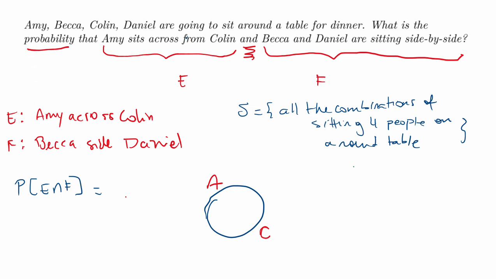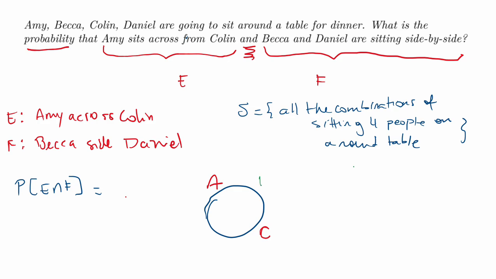Now let's talk about event F. Event F is Becca and Daniel sitting together, or side by side.